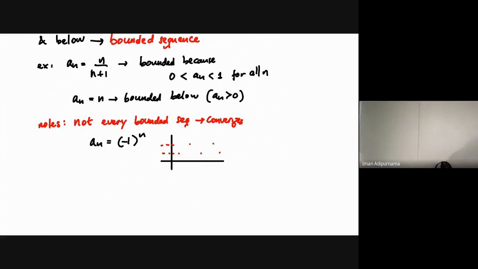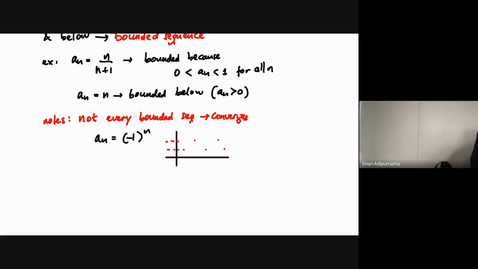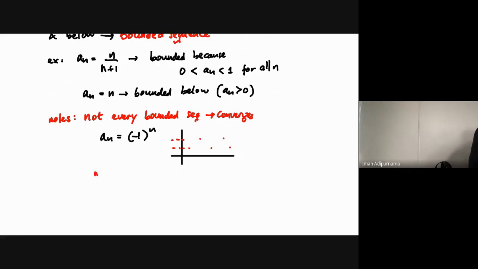So not every bounded sequence is convergent. And not every monotonic sequence is convergent either.